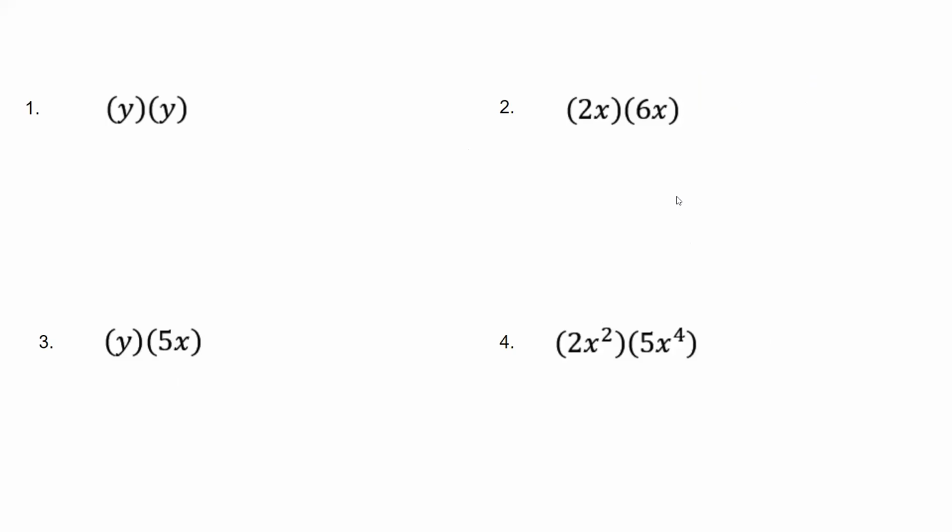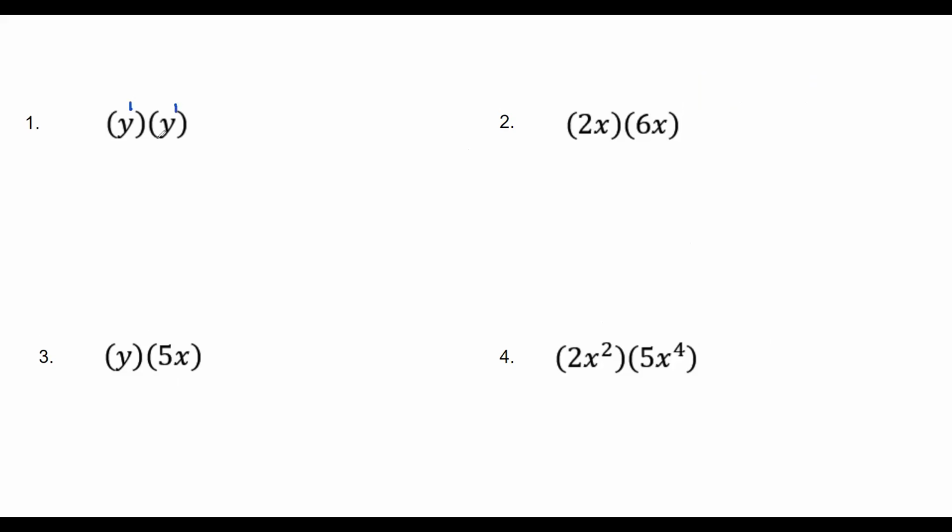The first is y times y. These parentheses are each monomial that we're multiplying against the other monomial. So remembering that this y really has an exponent of 1, and this y has an exponent of 1, we notice we don't have any coefficients other than 1. Much like the exponent, when there's no coefficient, it's really just 1.